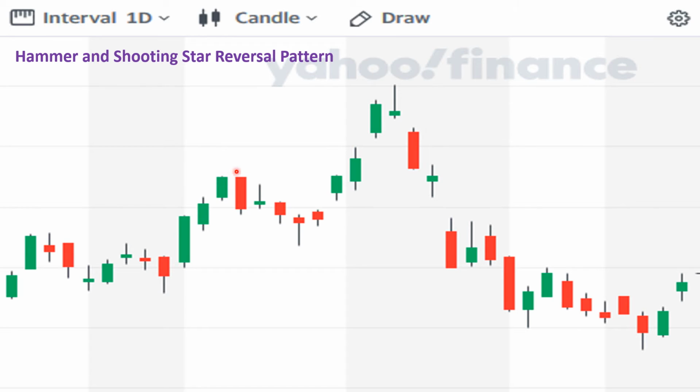At the peak of this uptrend, we observe a bearish tweezer top reversal pattern, leading to a downtrend reversal. At the bottom of this downtrend, we see a bullish hammer with strong bullish momentum.